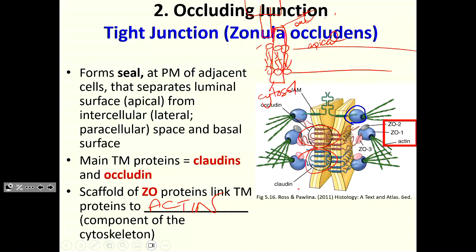The transmembrane proteins will be made on the secretory pathway. But the ZO proteins and the actin are non-secretory, because those are cytosolic proteins. Is that clearer?